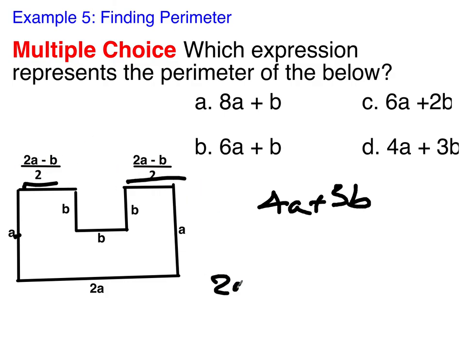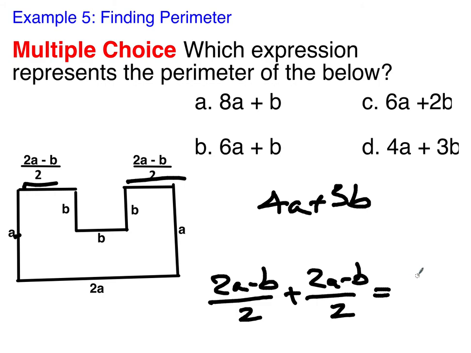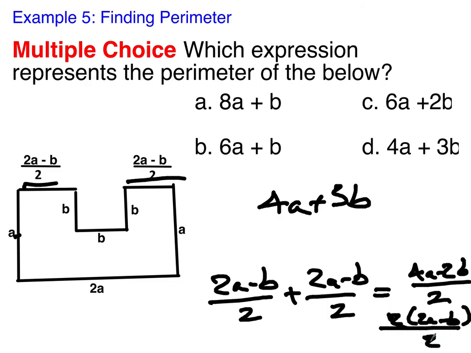If I add 2a minus b over 2 plus 2a minus b over 2, it's going to give me 4a minus 2b over 2. I can factor out a 2 here, and then that would give me 2 times 2a minus b over 2. This cancels out, and so I'm left with 2a minus b.